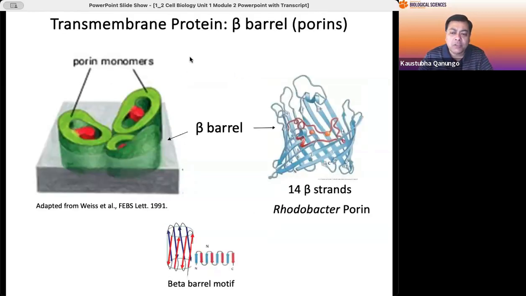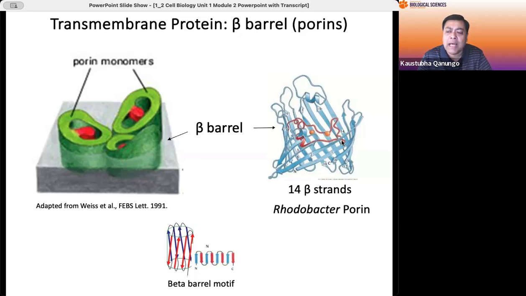Whereas there is another structure which is actually found, and we're going to talk about this, is a beta barrel structure. Think about that these are like paper towel rolls. And if you push a paper towel roll through the plasma membrane, the structure that you will have, that is called a beta barrel. So what is the difference? The beta barrels are made up of these beta sheets.